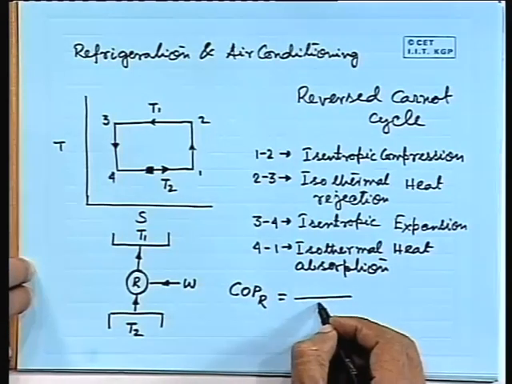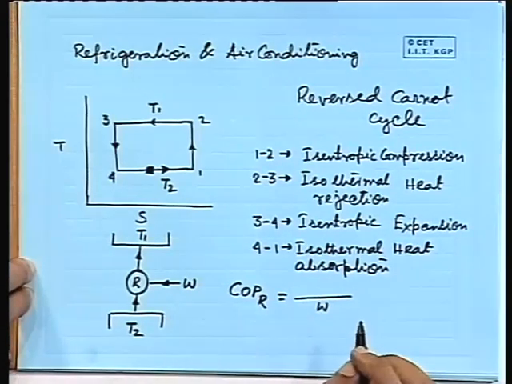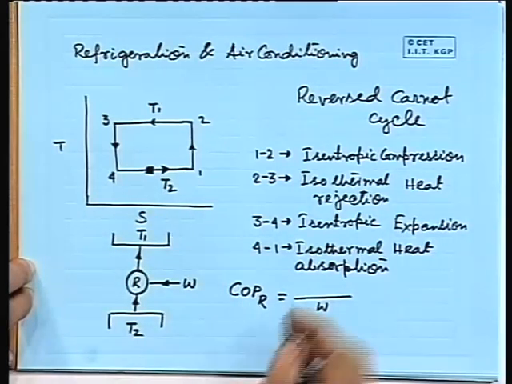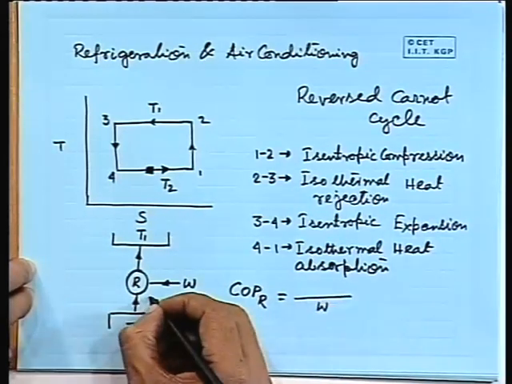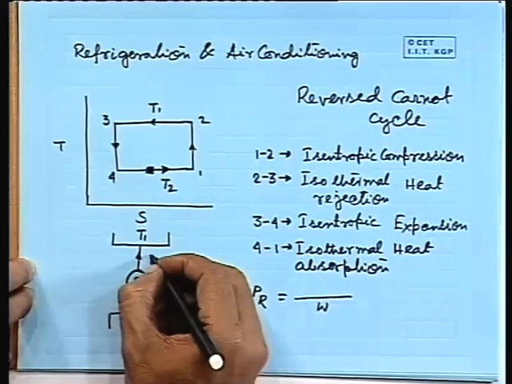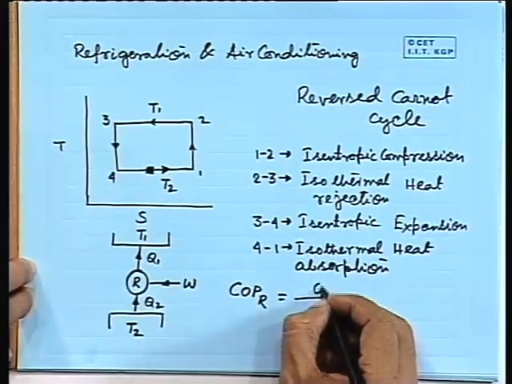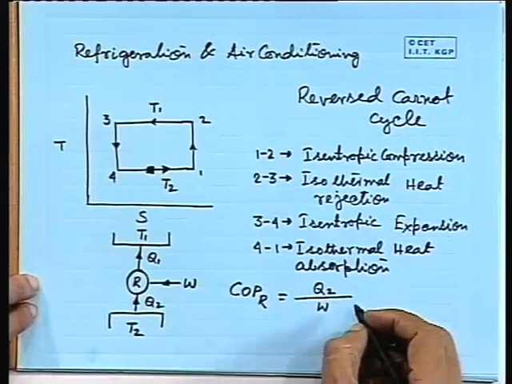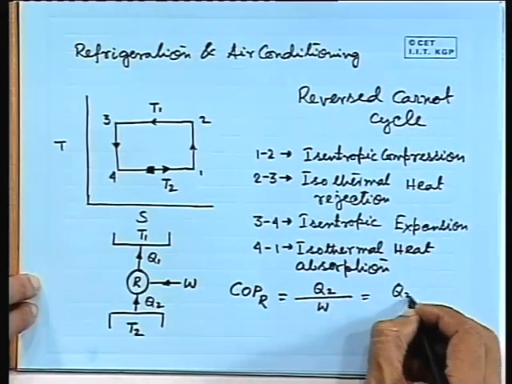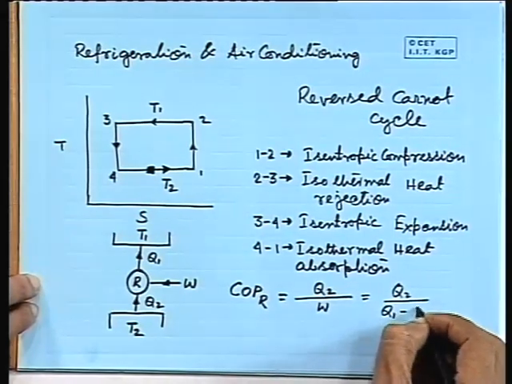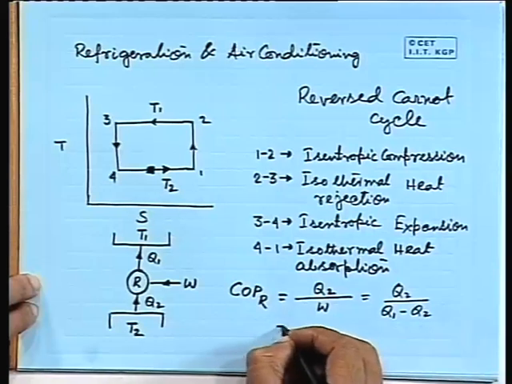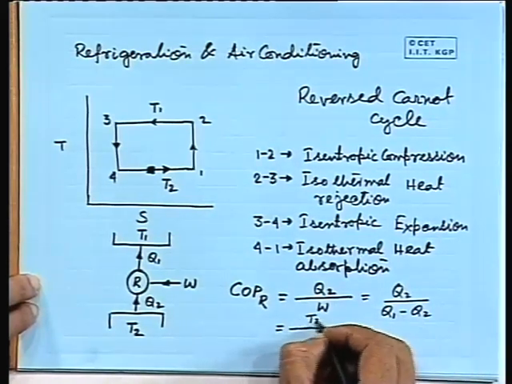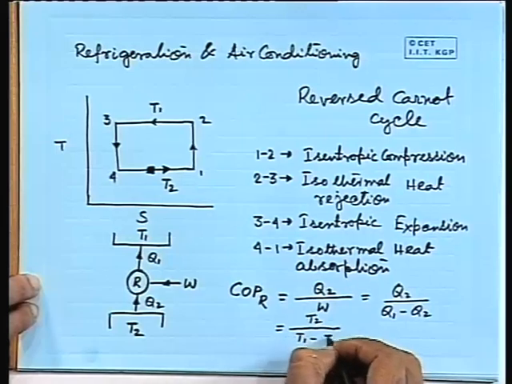So, energy input is equal to W, and desired effect produced, I am taking certain amount of heat which is Q2, this is Q1, so Q2 by W. So, I can write Q2 by Q1 minus Q2, and for Carnot cycle, for reversible cycle, I can write T2 by T1 minus T2.